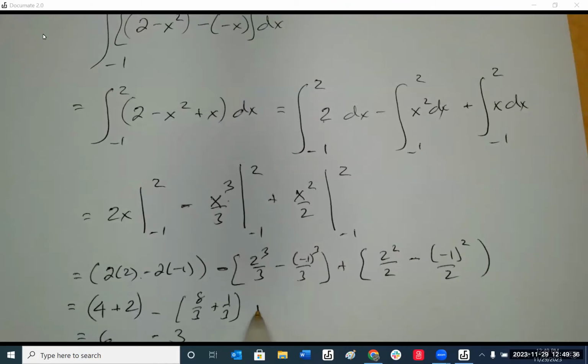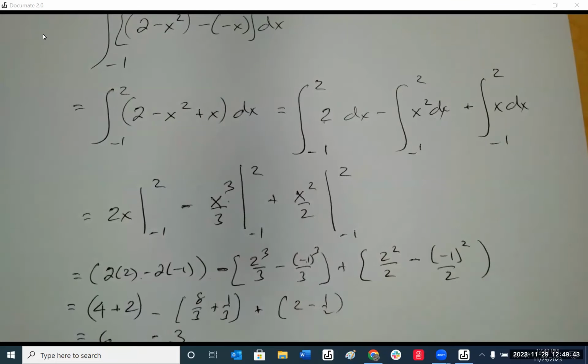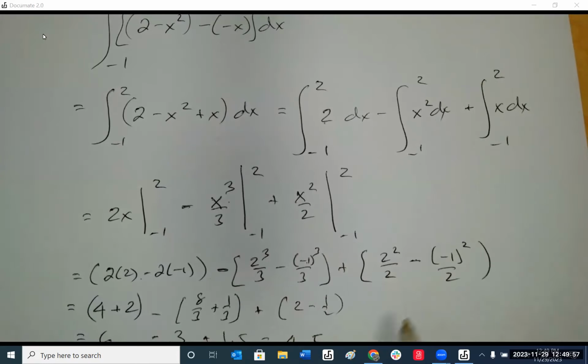Then 2 minus 1 over 2, which is 3 over 2, 1.5. So we have 6 minus 3 is 3, plus 1.5 is 4.5.